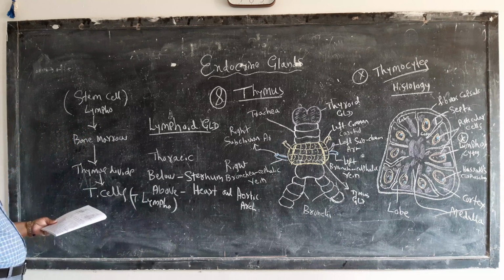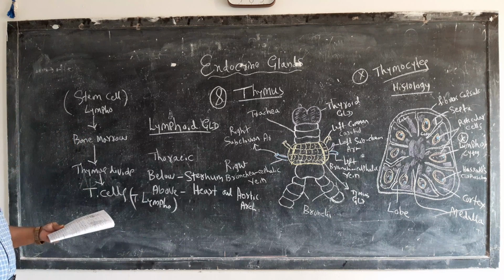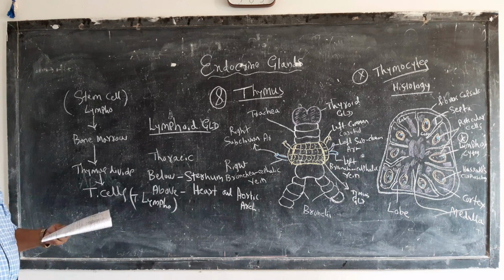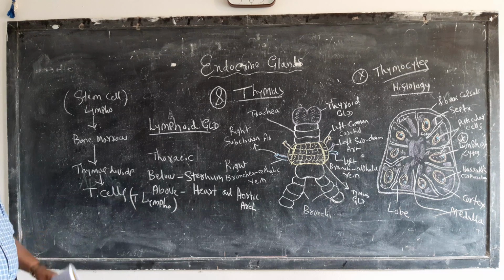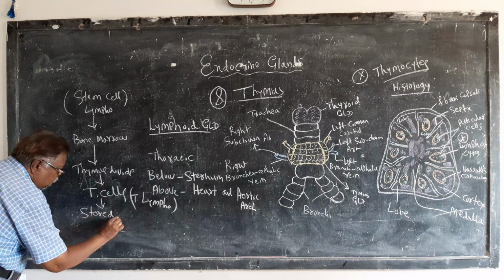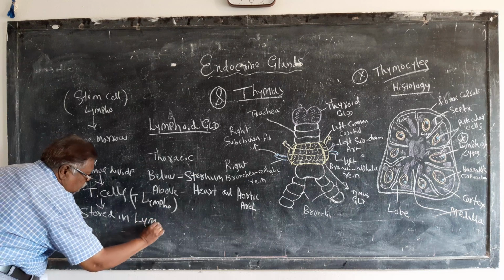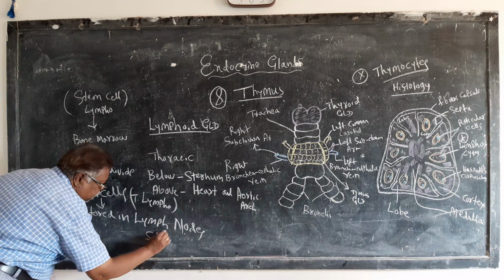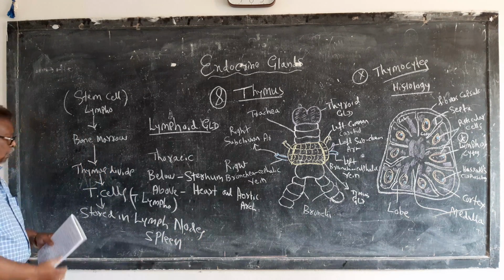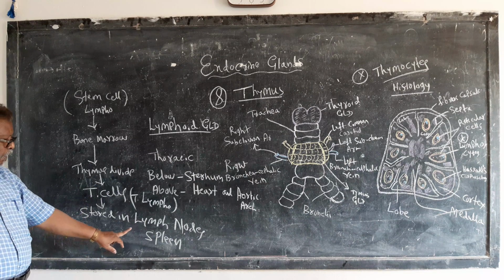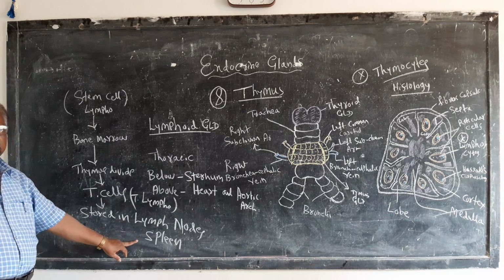They are also called T lymphocytes, which are immunological components stored in the lymph nodes and spleen. So these T lymphocytes, which are immunologically very important, are stored in the lymph nodes or in the spleen.